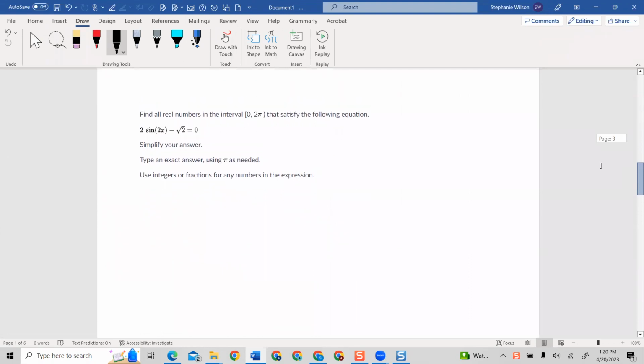Let's do our next example. Our next example says find all real numbers in the interval of 0 to 2 pi that satisfy this equation. Make sure you're in radians, and I'm doing that right now while we're talking. We've got a little bit of work to do. You notice that we have a lot going on around sine x. So I got 2 sine 2x minus the square root of 2 is equal to 0.